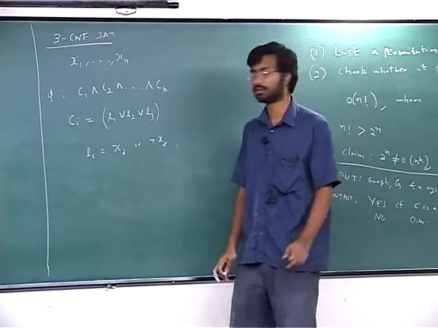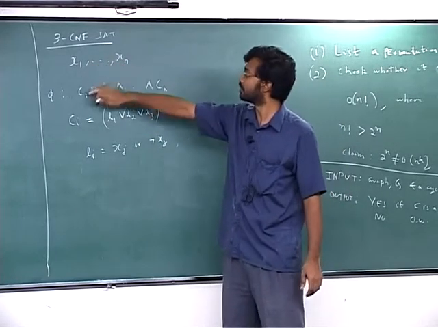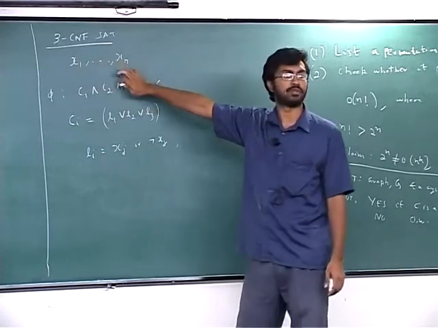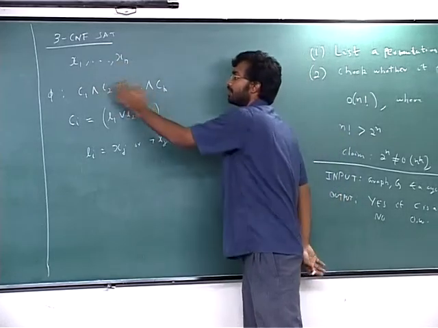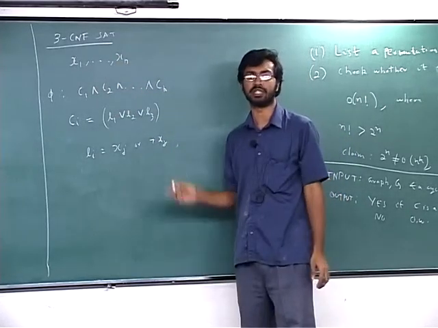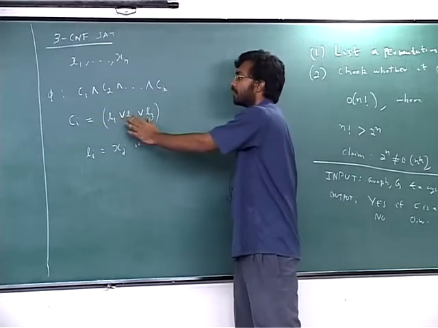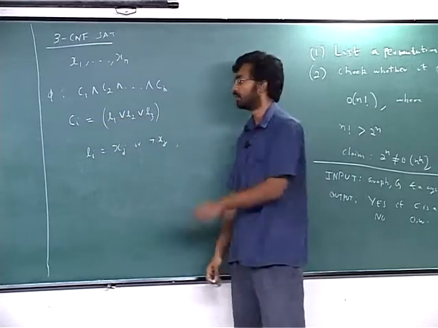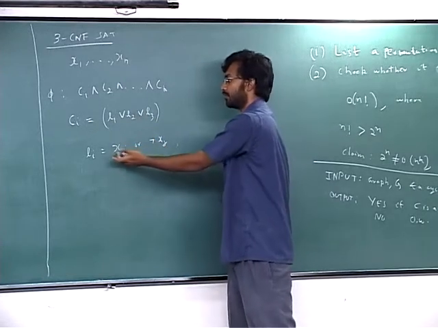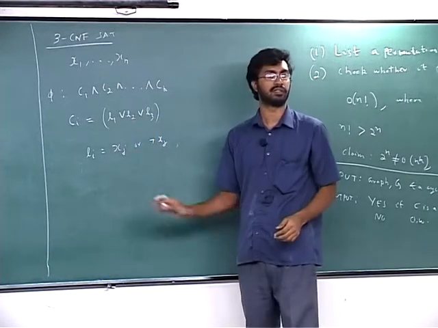So 3SAT. Phi is a formula on variables x1 to xn, and it is written like C1 and C2 and some Ck, and each of the Ci is something like L1 or L2 or L3. And what is this Li? Li is something of the form xj or negation xj.